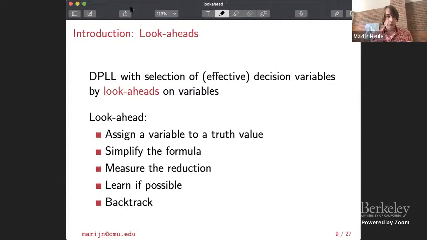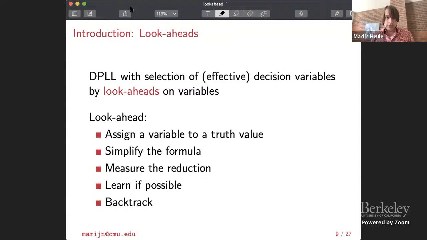And then you do 2 important things. The first thing is you measure the reduction. There are many ways to measure the reduction. For example, you can measure the reduction of the size of the formula, or the reduction in the number of variables. I will briefly talk about this more on some later slides. And then what you can also do, and what I figured out in the last decade, is that possibly the most important thing you need to do afterwards is to learn as much as possible.